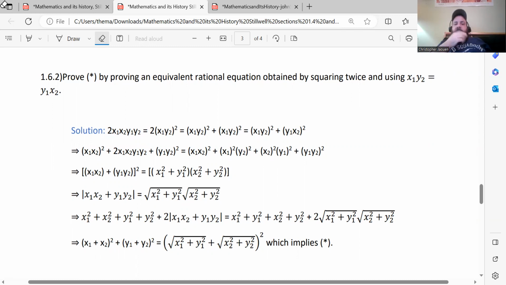And by the fact that the points are collinear, that's equal to x1 y2 squared plus y1 x2 squared.